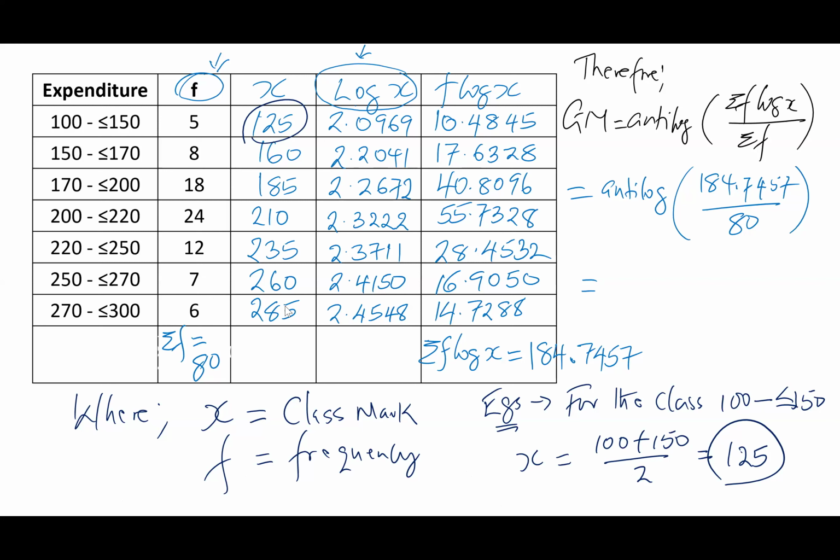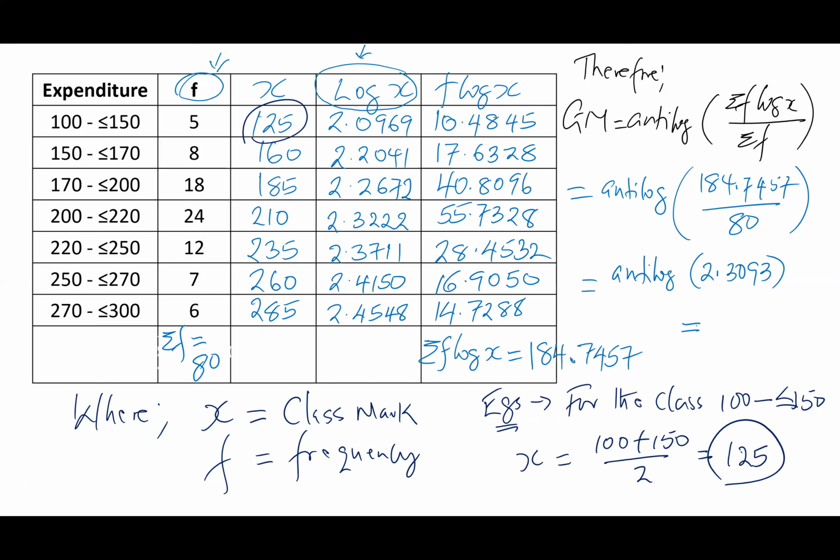So what is our geometric mean? 2.3093. Therefore, the final answer comes to how much?